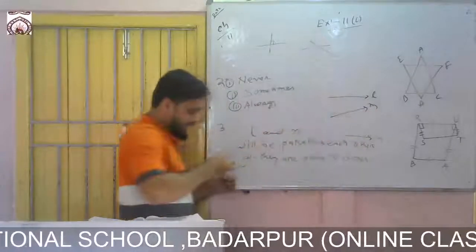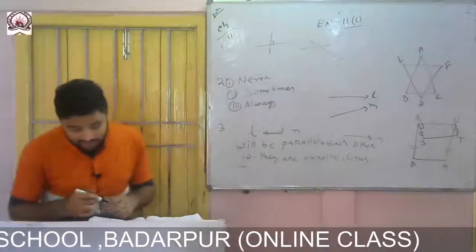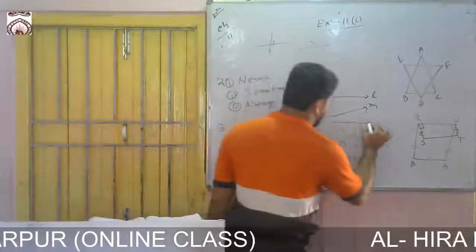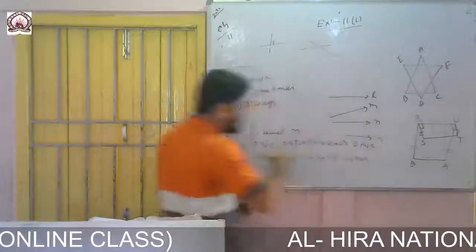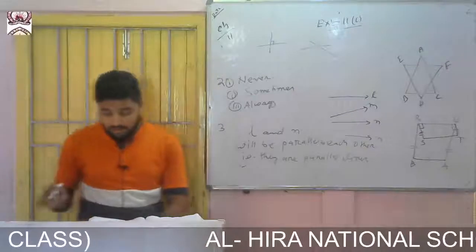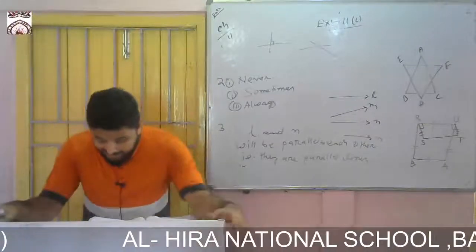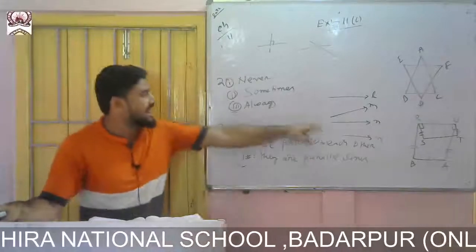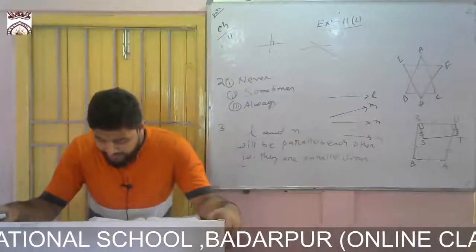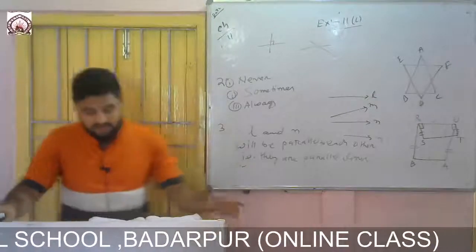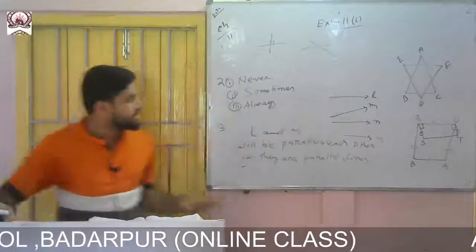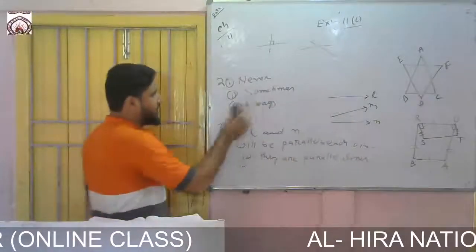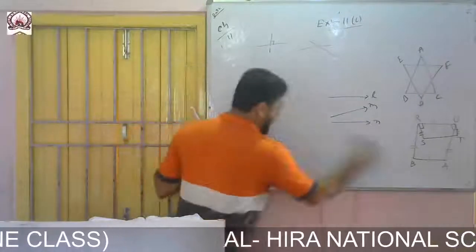And line M is also not parallel to L. Then explain your answer. Then does it follow that line L cannot be parallel to line N? Explain your answer making a sketch. So you draw this figure in question number 3. I have shown, and for question number 4 you draw this figure.